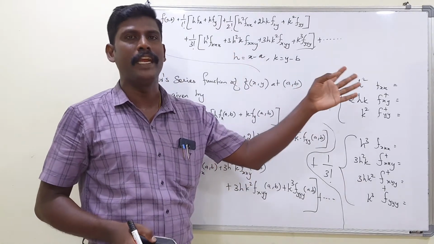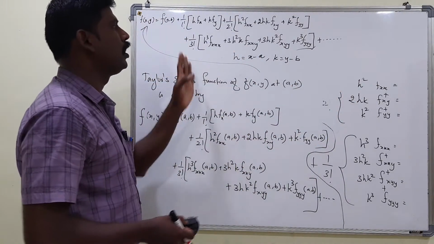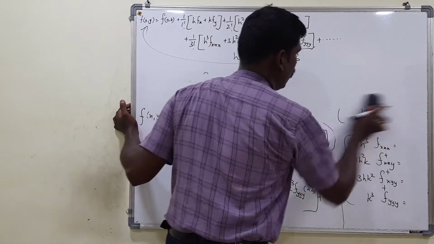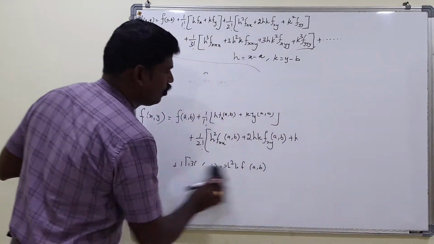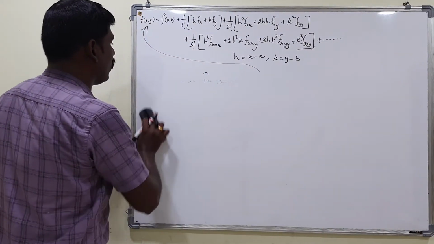Most important question in exams. They may be a very sure question in university problems. Now let us go to the problems to find the Taylor series expansion of a given function in two variables.